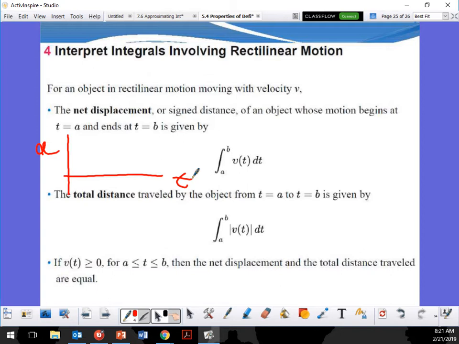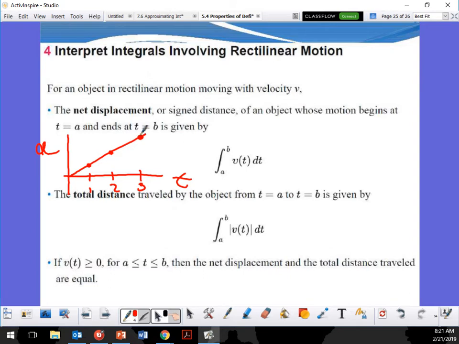So, as I go right here, after 1 second I've gone here. That's my position, right? And at 2 seconds I'm right here, that's my position. And at 3 seconds, that's my position.